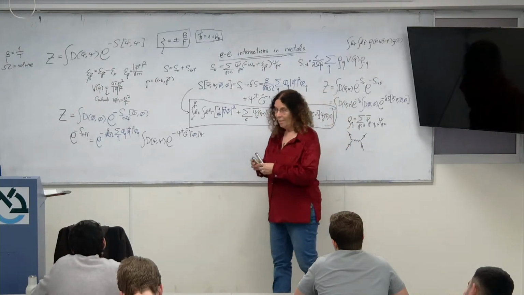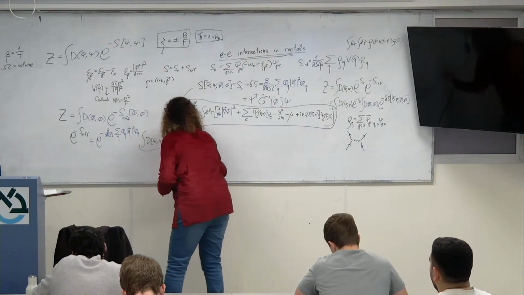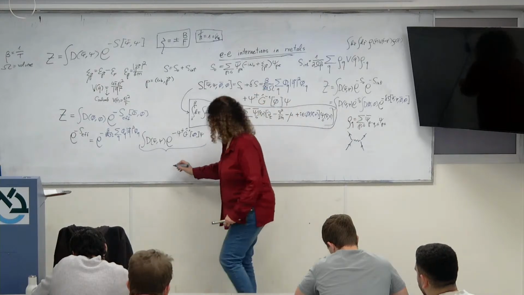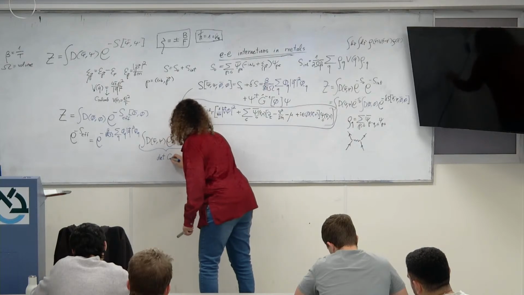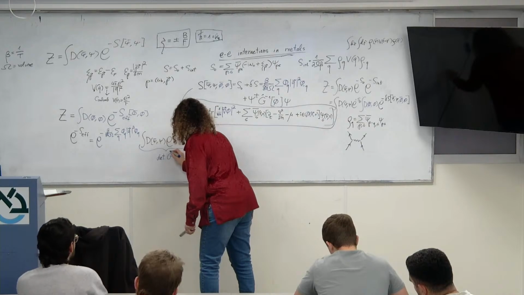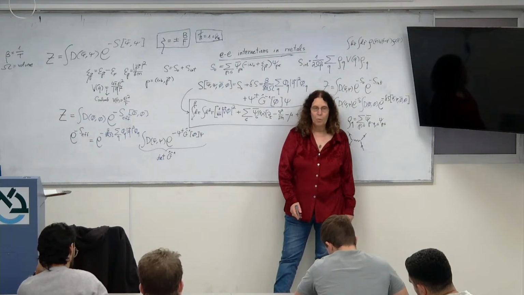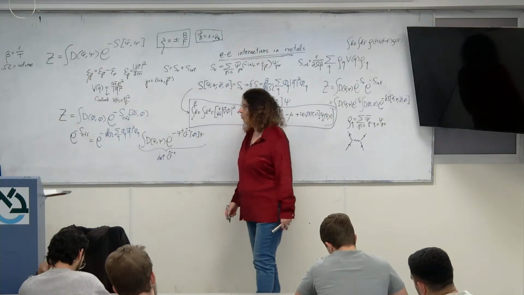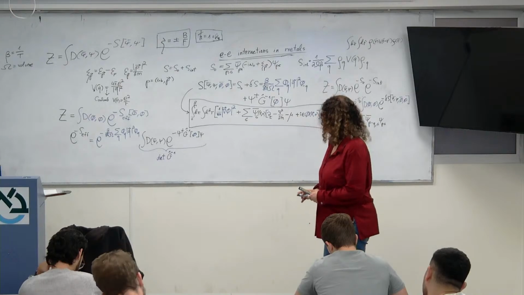Because these are fermions, it's the determinant of this exact same g to the minus 1. That's all. It's a functional of phi.